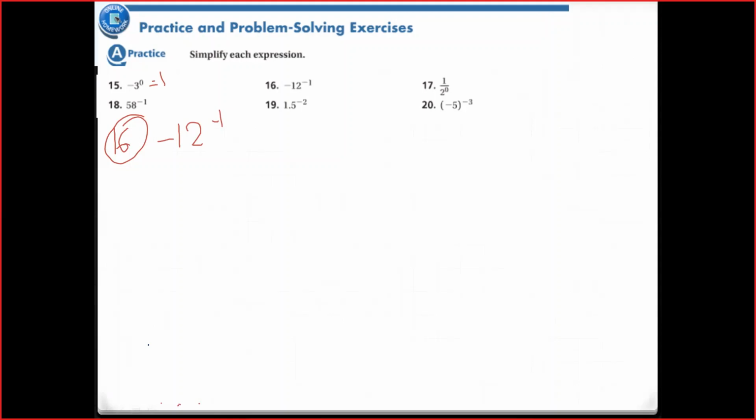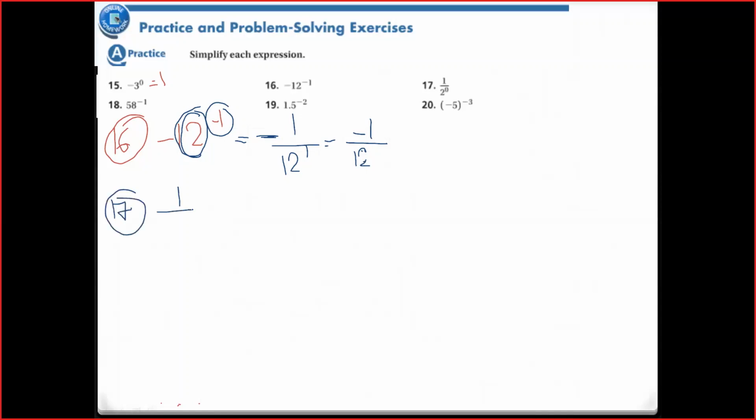No. So the base here is only 12. So the negative is outside. Then what is the reciprocal? 1 over 12. Thank you. And what is the opposite of negative 1? Positive 1. So the answer is negative 1 over 12. Thank you.